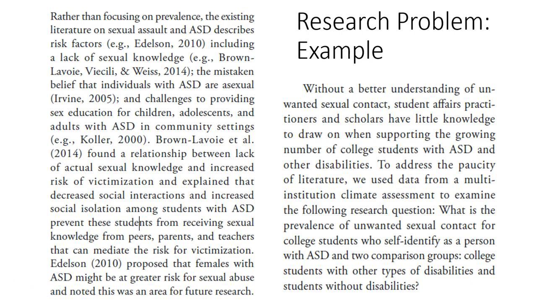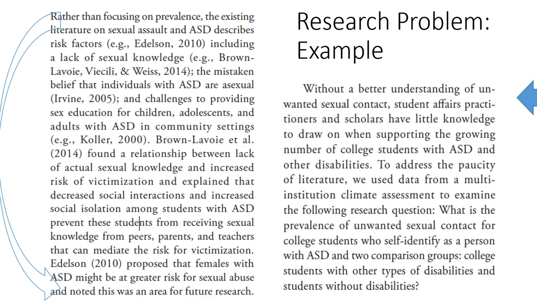The next component of this is the gap that I'm articulating, which is that without a better understanding of unwanted sexual contact, practitioners and scholars really have little knowledge to draw on to support the significantly growing number of students with ASD and other disabilities.